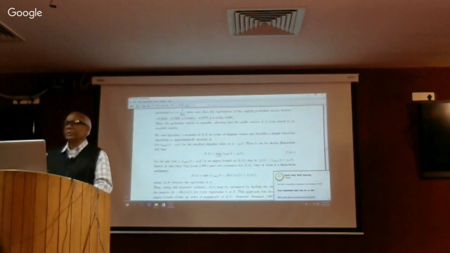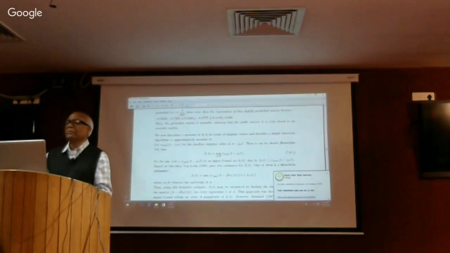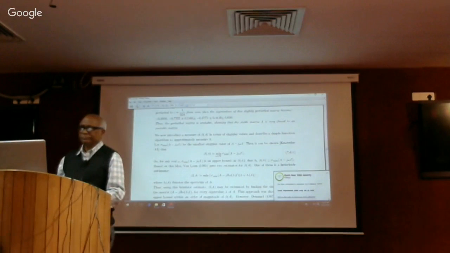Like the measure of distance to uncontrollability, we can also define a measure of distance to instability. So distance to instability is again defined in terms of the singular values. Beta(A) is defined as the distance to instability, a number defined as the minimum of the smallest singular values of the matrix A minus j omega I, where omega runs over all the real numbers.